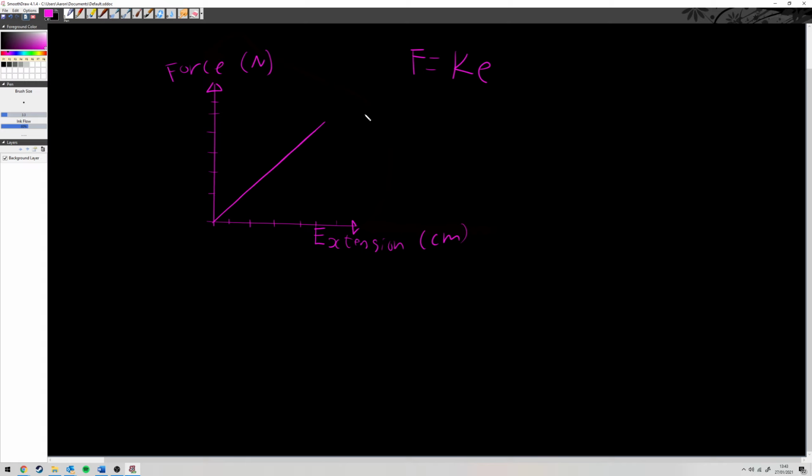Now, what happens is, this is your force, which you know, so let me write this in green. You know that this is your force, because that's a standard symbol. This E stands for extension, as in how far do you stretch that spring, and the K, which is a new one, that is your spring constant.